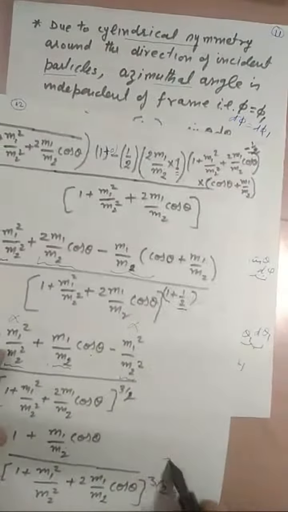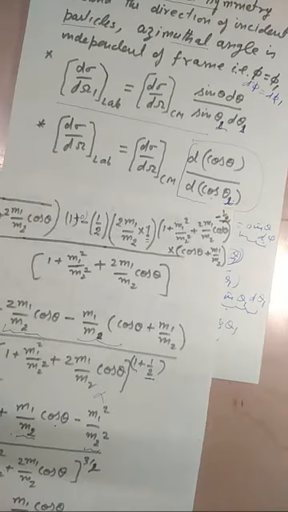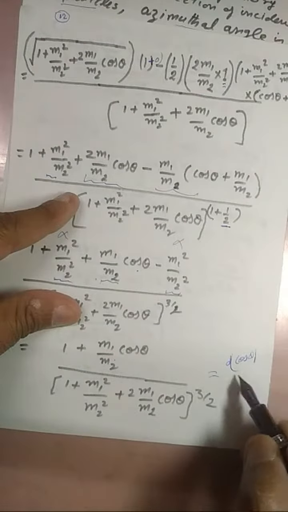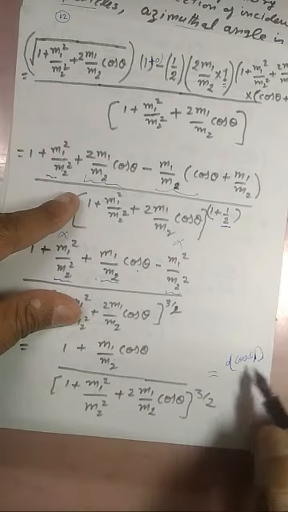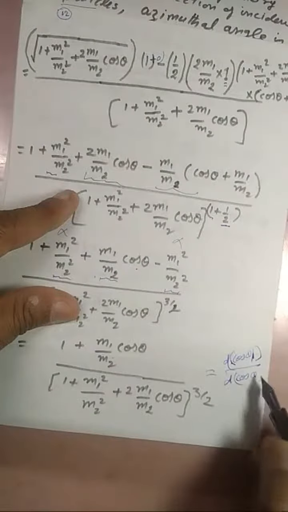From here, we have derived this is equal to d cos theta 1 by d cos theta.